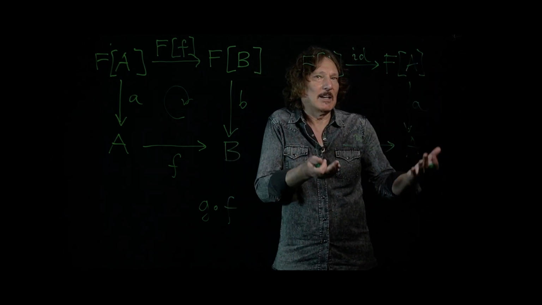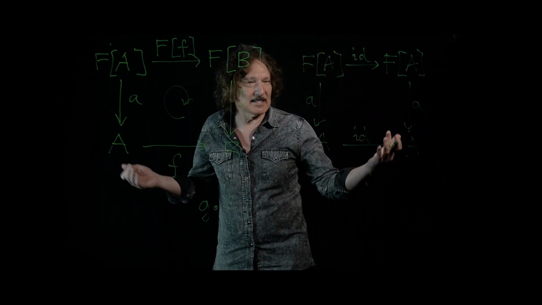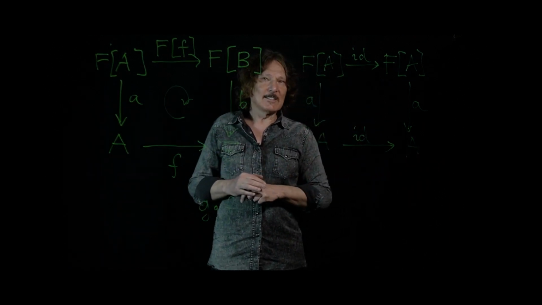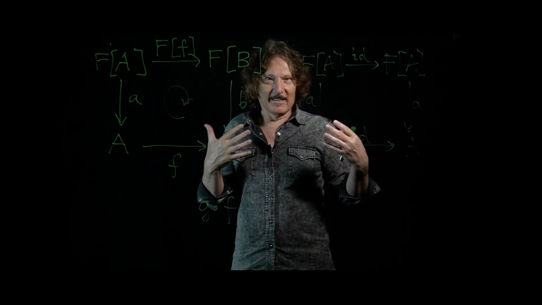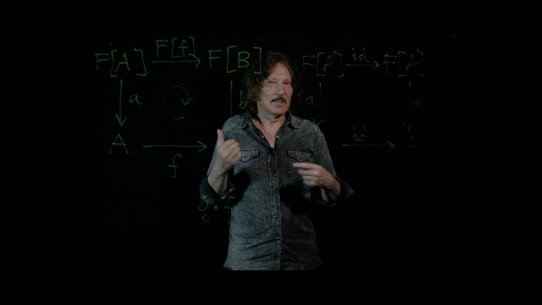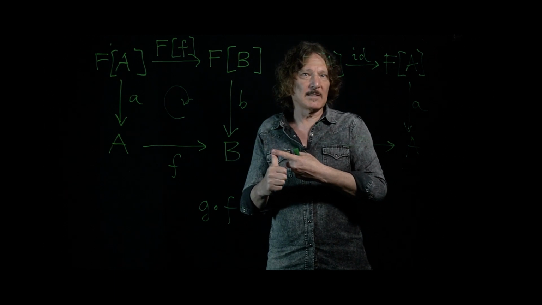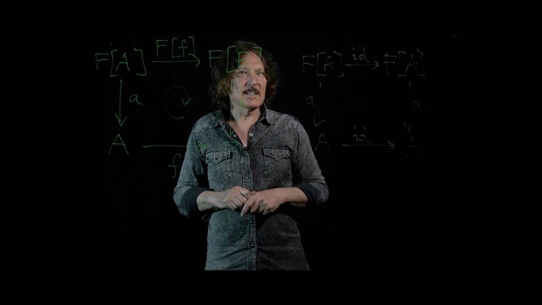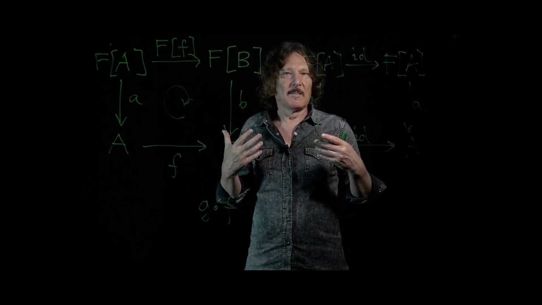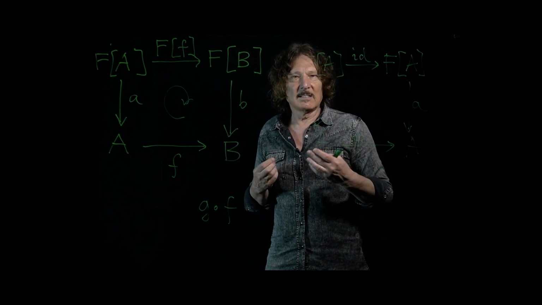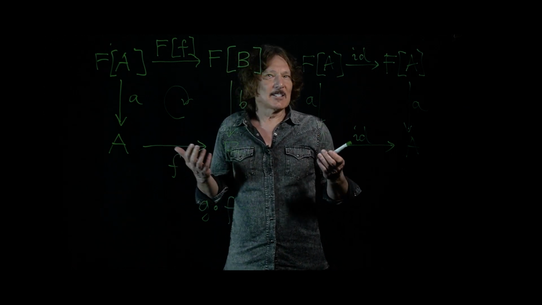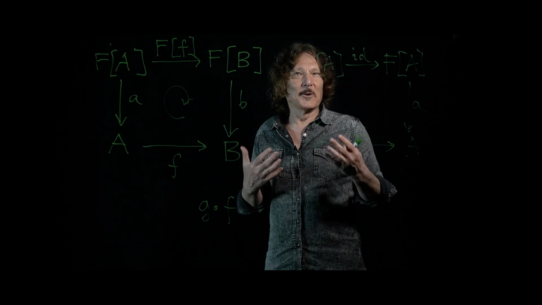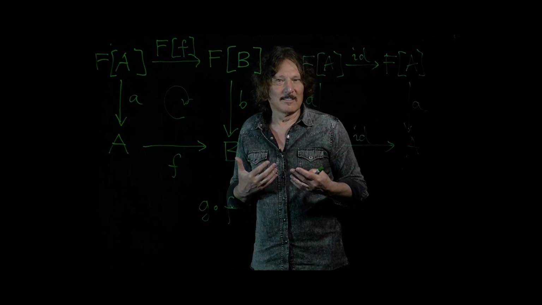Whether you apply ID before a or after a doesn't matter. So these two things together tell us that you can compose algebramorphisms and there is an identity algebramorphism. When you have some structure like this that has composition and identity, it's called a category. So algebras form a category.